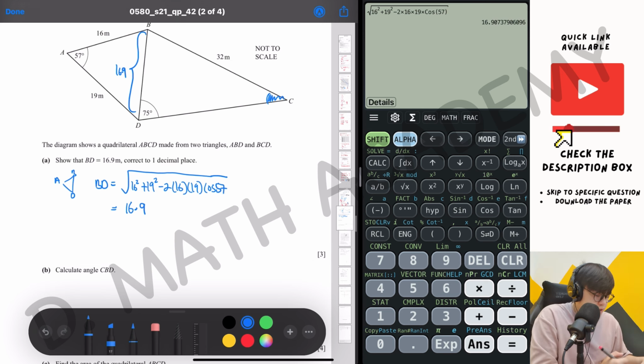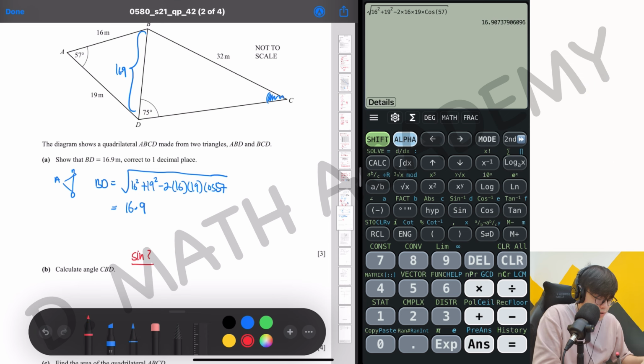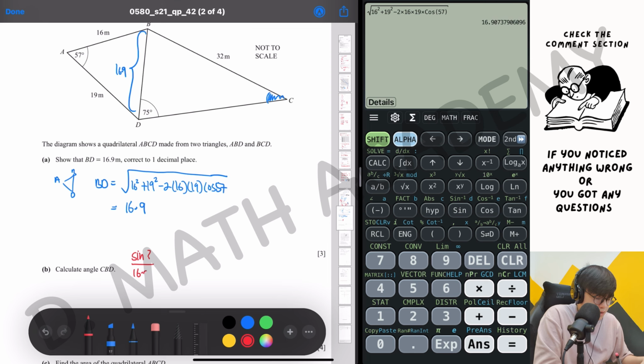So I'll be writing down the result as sine unknown over 16.9 equals sine 75 over 32. So my unknown here is actually sine inverse of sine 75 times 16.9 divided by 32.